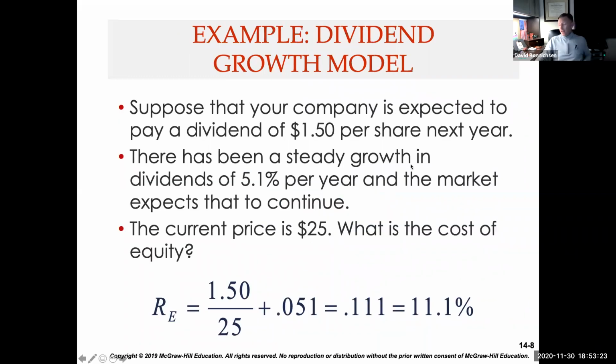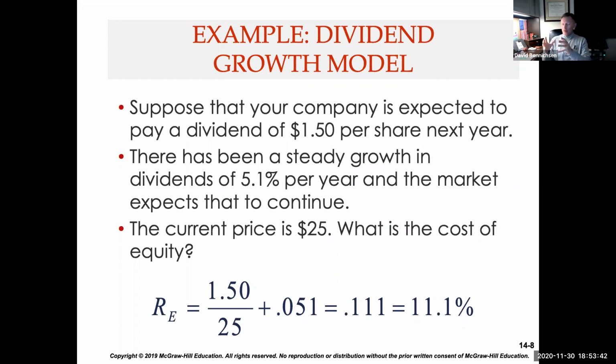Okay, so if we think about what the expected return is for a company that's expected to pay $1.50 in dividends next year, and they've had steady growth of about 5.1% a year, and the current price is 25. What's the cost of equity?